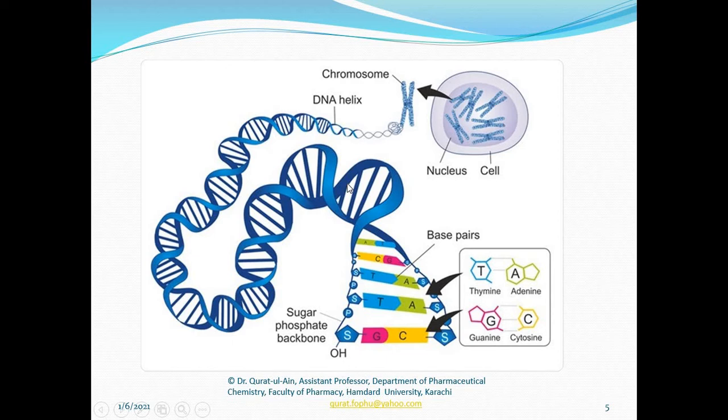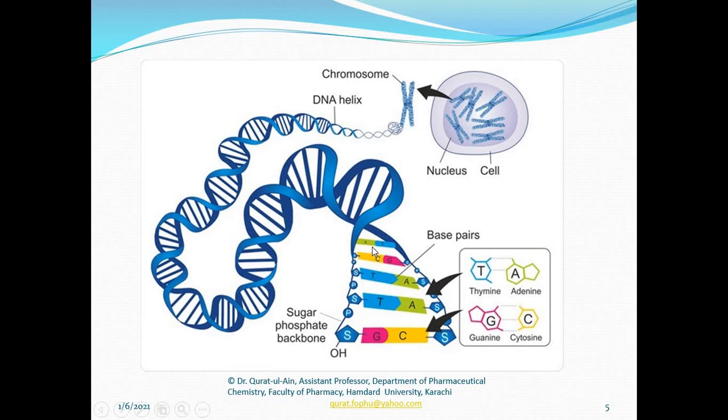So how is it possible for such a long polynucleotide to fit in a tiny cell? Actually, this long polynucleotide compacts on itself and makes a compact structure that we call a chromosome.